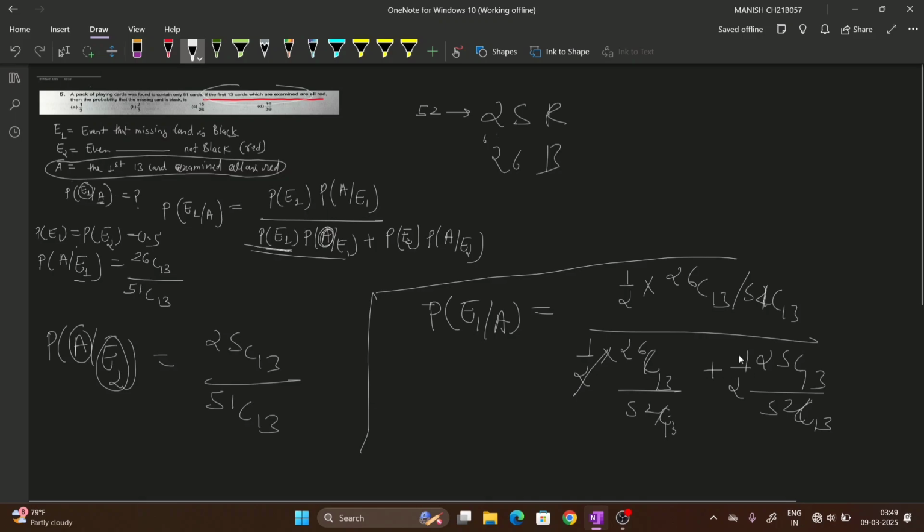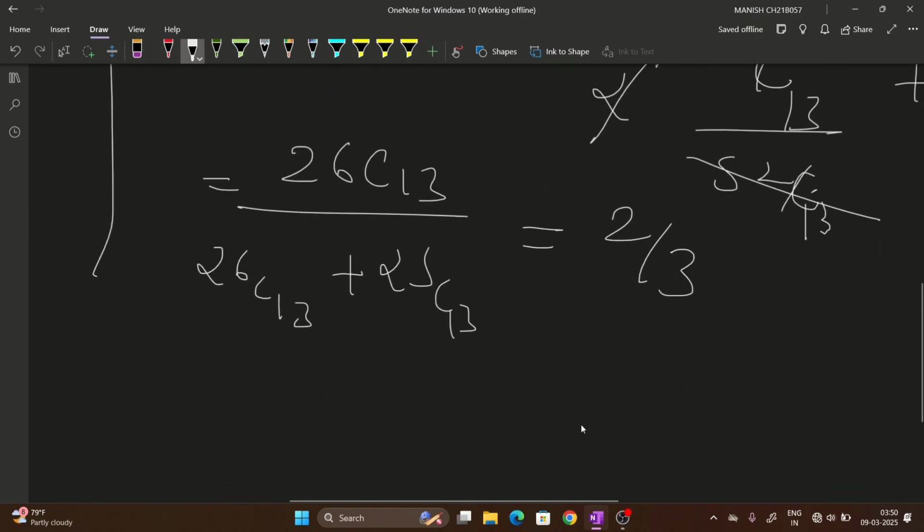So the common factors will cancel out. Now we are having 26C13 upon 26C13 plus 25C13. So the answer comes out to be 2 by 3.